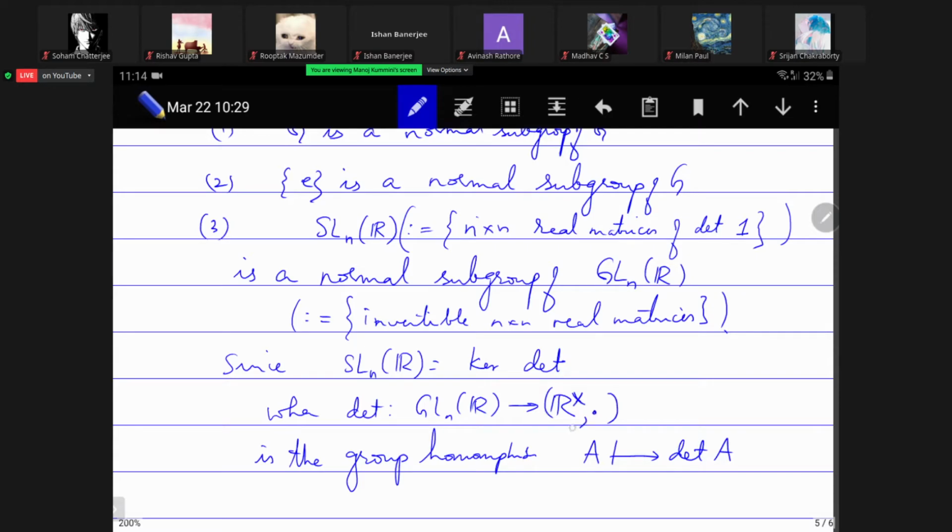Here the target is not R, but R times, meaning the non-zero elements of R with multiplication as the group operation.